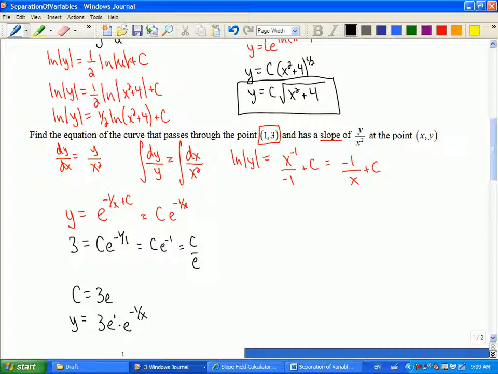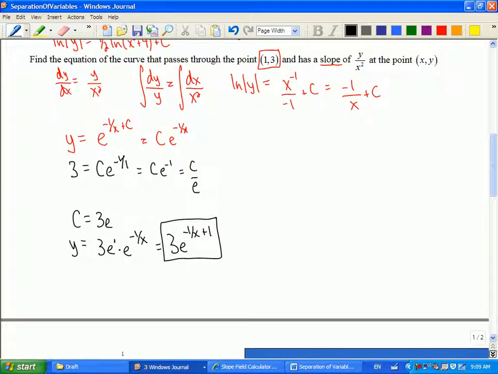And this e I'm going to put together because it's got the exponent 1. I could rewrite that as y equals 3e to the (negative 1 over x plus 1). So this is the specific or particular solution to a problem which says the rate of change is given by y over x squared, and there's a point at (1, 3) on the original graph. The difference between particular and general is that for the particular one you solve for the constant. You have enough information to figure it out.